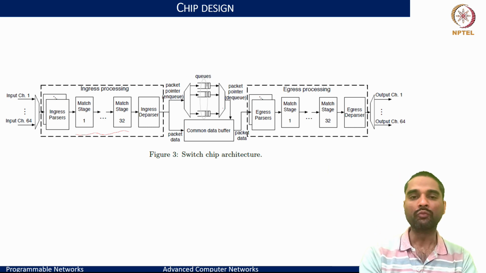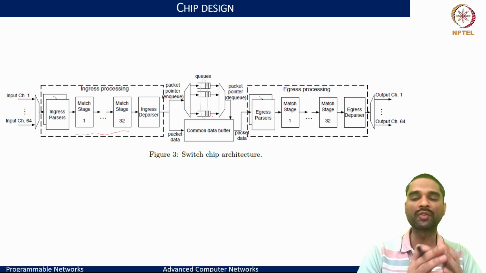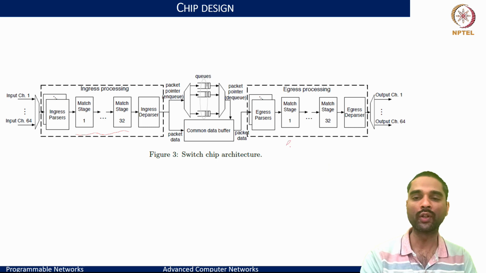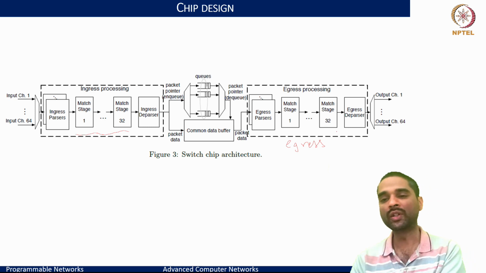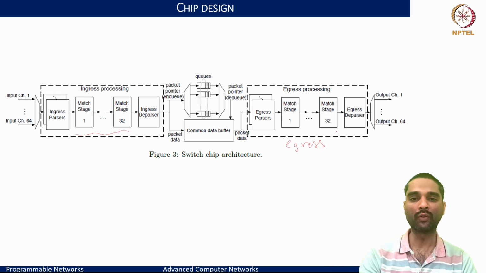And once the packet pointers are updated in any of these queues, then you look up what is the port on which the data needs to be sent and what is the specific processing on the output that you would want to do, being carried out in the egress pipeline. And this is basically the egress pipeline processing, and that is done before emitting out the packet on a specific output channel.